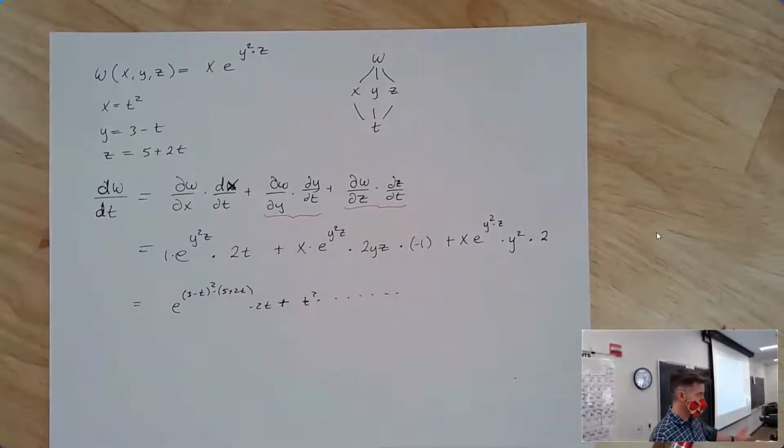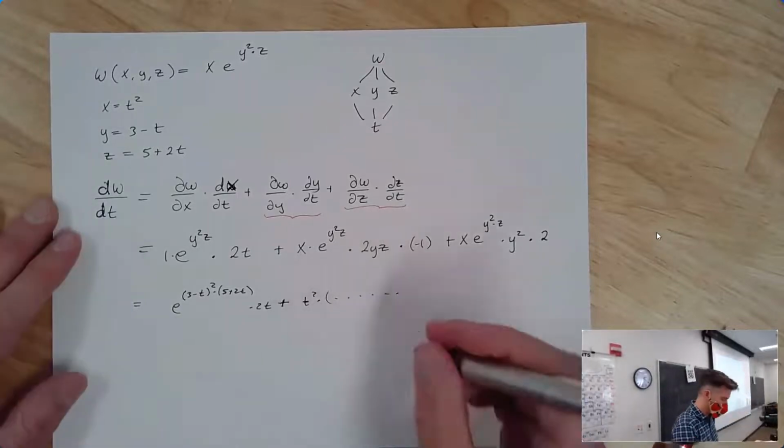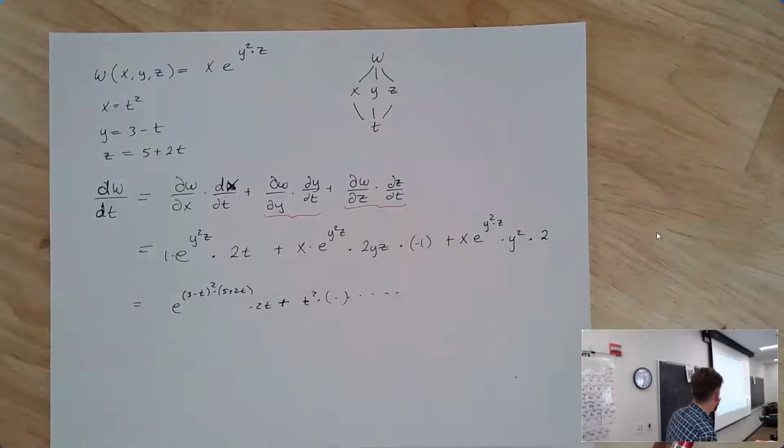I don't need to do the rest. But that's it, right? If you needed to write it as a function of t, you totally could just plug in what x, y, and z are equal to in terms of t.